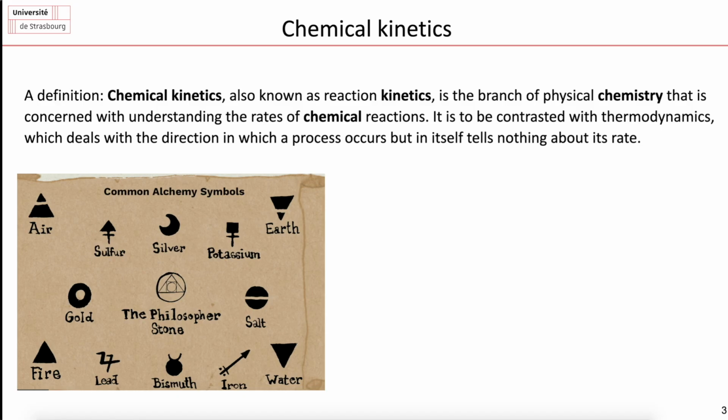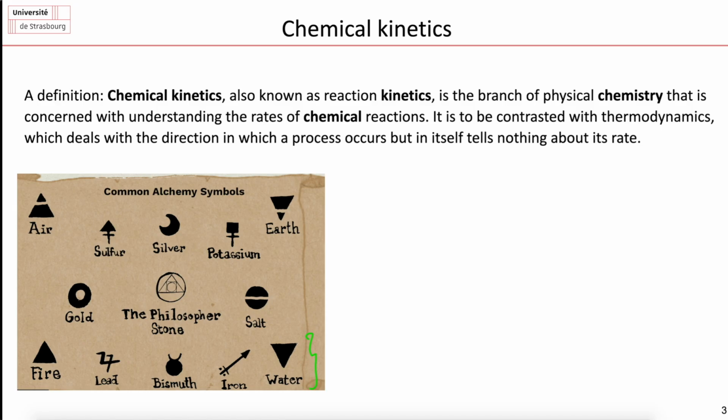So how did this all start? We're going to start way back before chemistry was even a well-established field. Before chemistry, there was something called alchemy, and the alchemists realized that there were a number of elements. For example, this upside down triangle here is water.